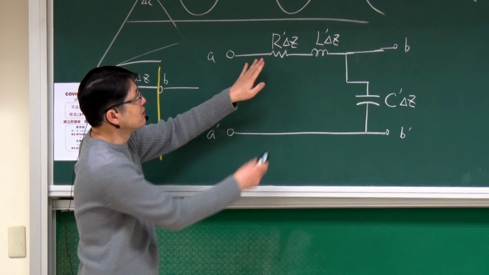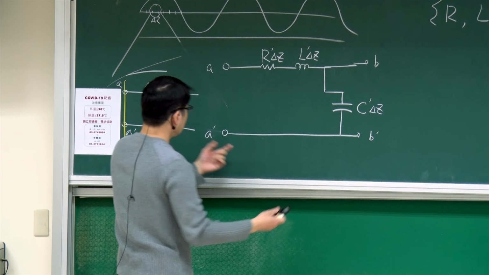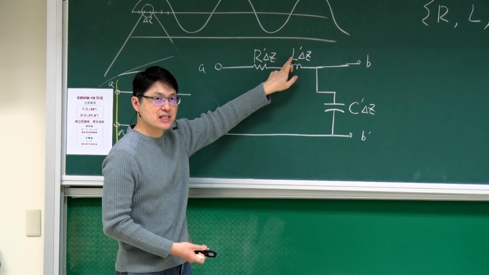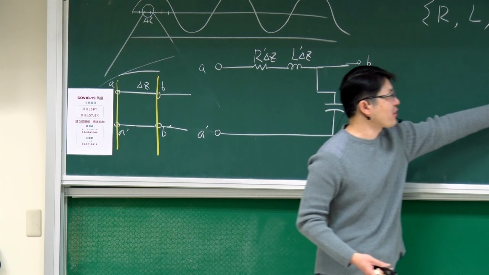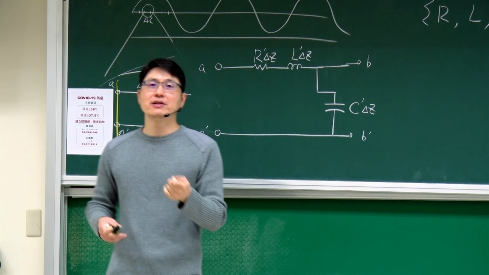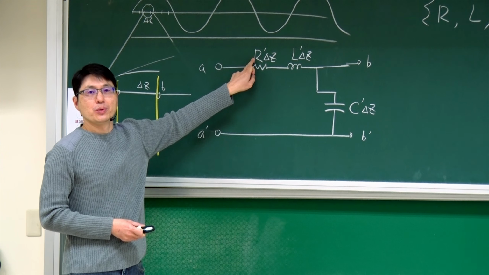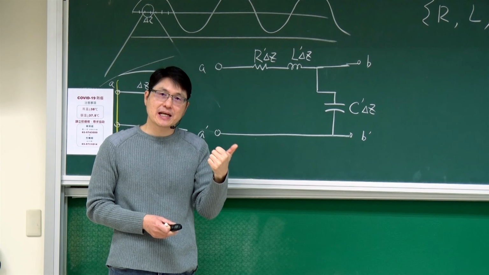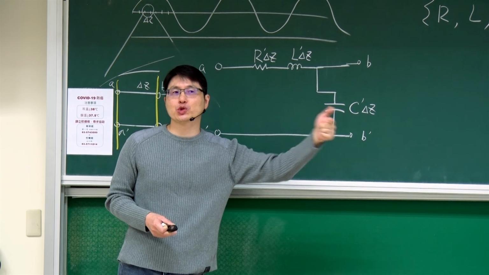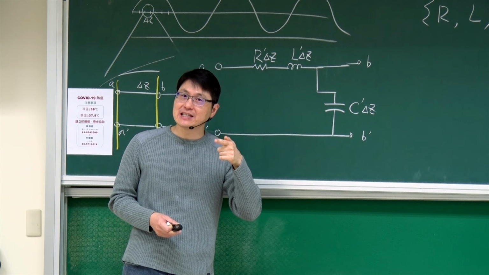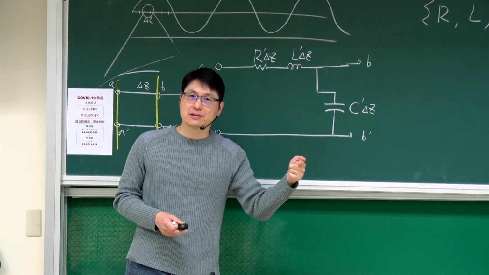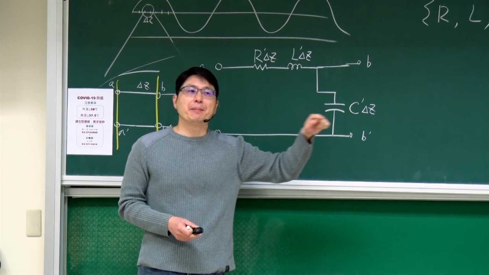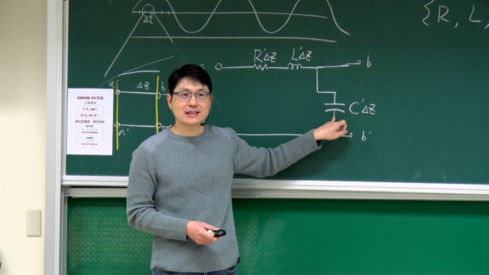If you have the equivalent model for a single differential segment having resistor and inductor in series, you add the second one, you add the third one, eventually you recover the full resistance and the full inductance, because resistance and inductance add up directly when connected in series. On the other hand, capacitance adds up directly when connected in parallel.